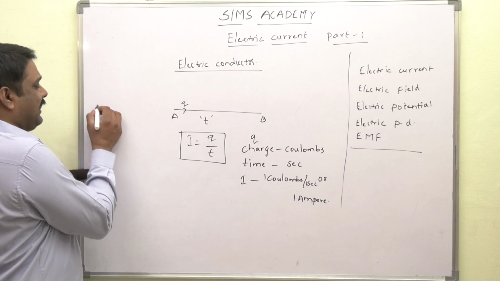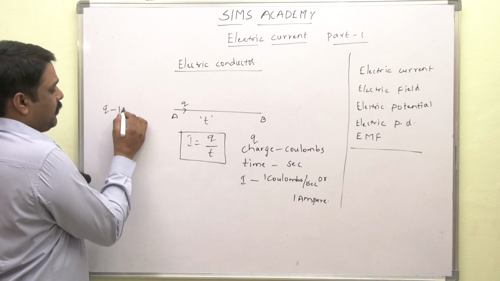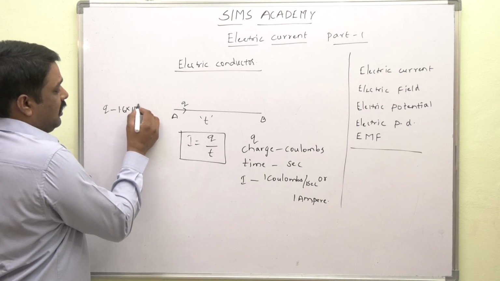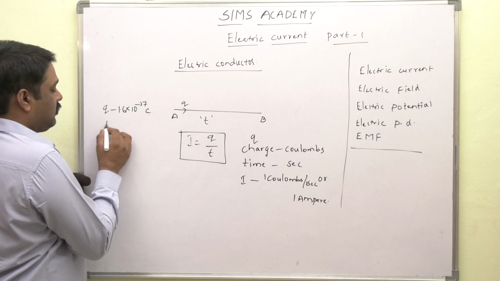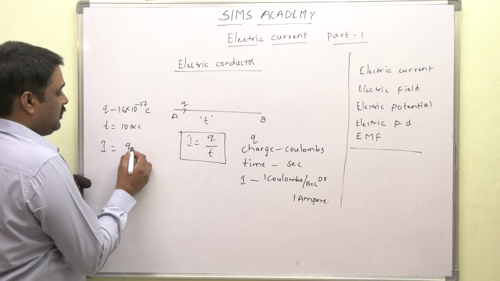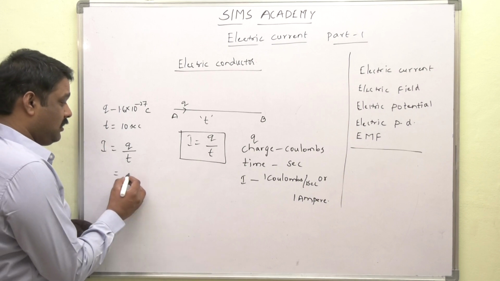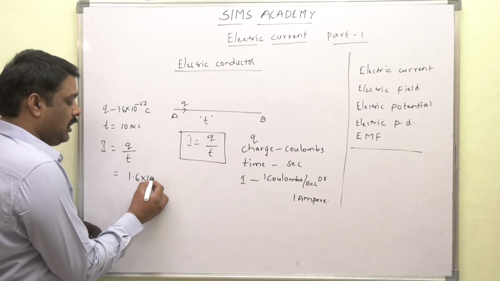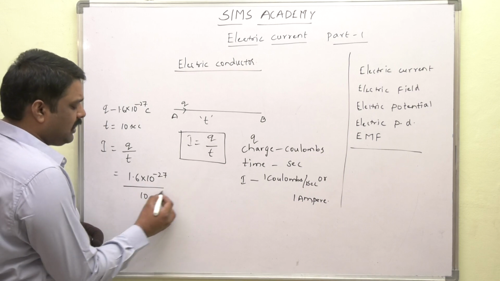How much is the electric current if the charge is given, suppose 1.6 into 10 power minus 27 coulombs of charge flown for, let us take, 10 seconds? Then I equals Q by t, that means 1.6 into 10 power minus 27 by 10.